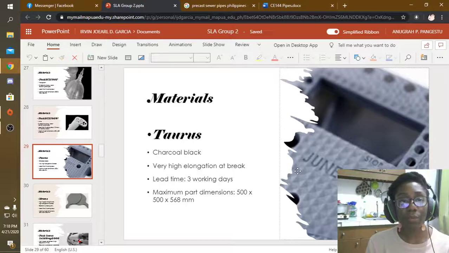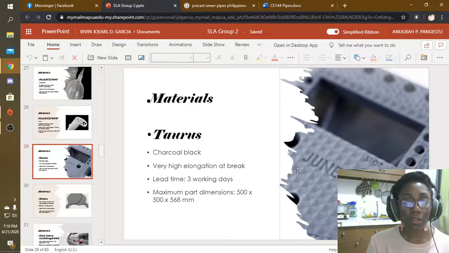So when they put this material after printing it into a UTM machine, it showed the graph and they found out that it actually had an elongated break. It takes a long time for it to come to a full break. And that is very good for prototypes or even major planned parts or machine parts that you can just use and replace.